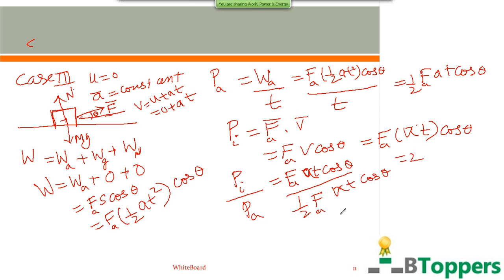That means instantaneous power after time t will be 2 times the average power for a time interval t. So in general, if a body is moved with uniform acceleration starting from rest along a horizontal plane, then the instantaneous power will be 2 times the average power after a given time interval.